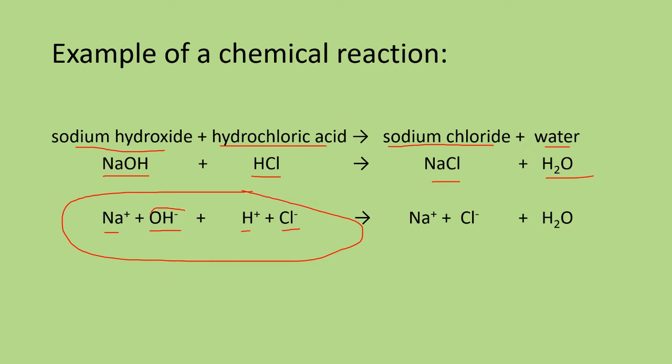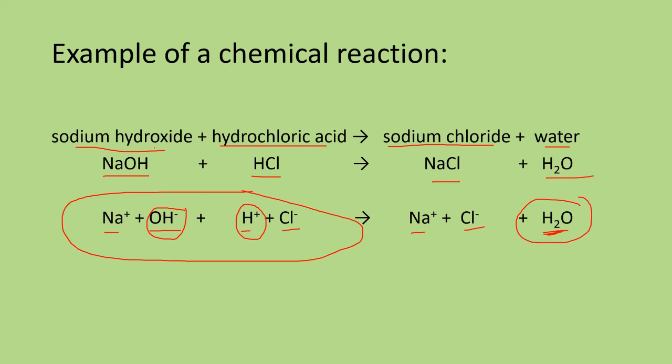Now these particles here, when they collide, they form water molecules. Okay, so that's where we get our water molecules from. The sodium ions and the chloride ions just stay in solution, and in fact they are spectator ions. So we could evaporate off the water and we would be left with solid sodium chloride.